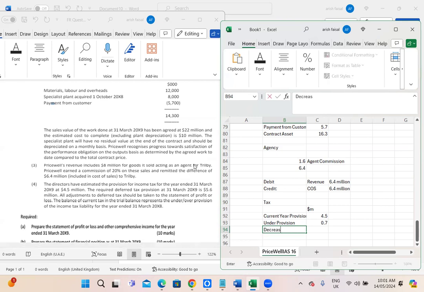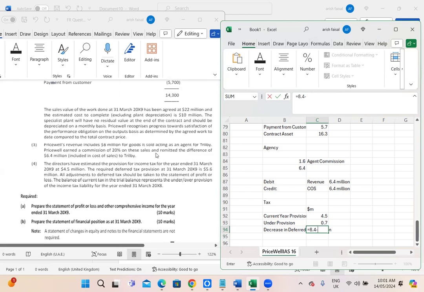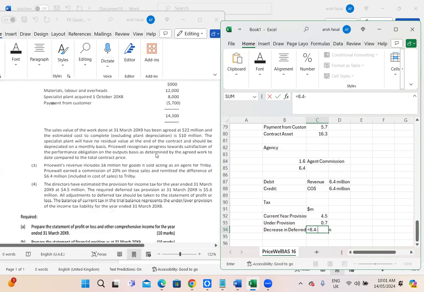So we'll say decrease in deferred tax provision, which is 8.4 minus 5.6. Yes, 5.6. So there has been a decrease of 2.8 over here.